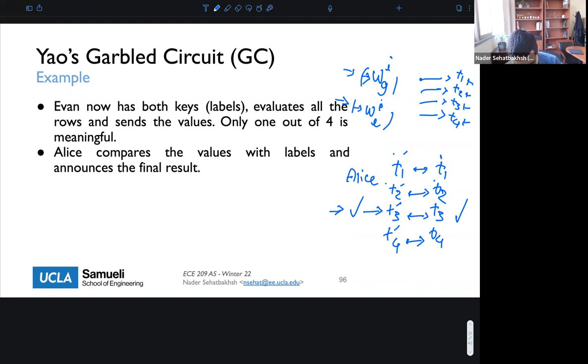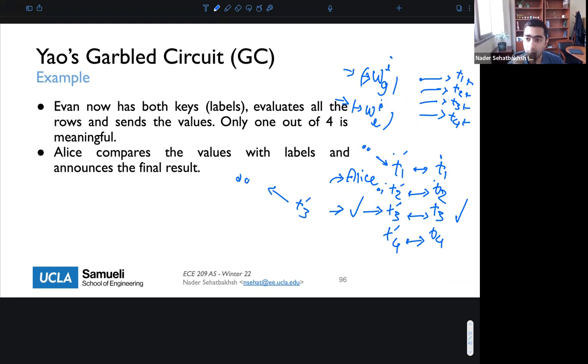Just remember that Alice also did a permutation. So this does not mean this is for 0, 0, this is for 0, 1, and so on. Remember, we just shuffle this around, but Alice knows how the shuffling works as well. So although this T3 matches with T prime 3, she also knows that, for example, T prime 3 is actually assigned to 0, 0.